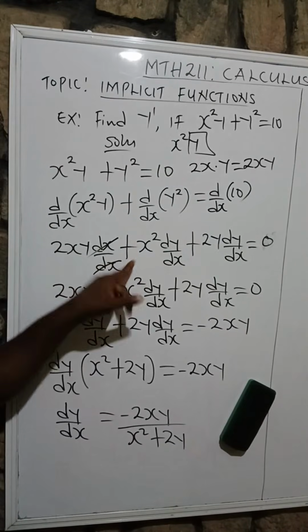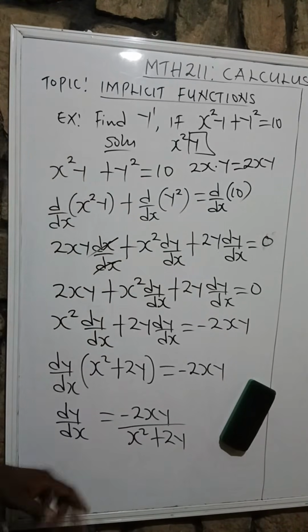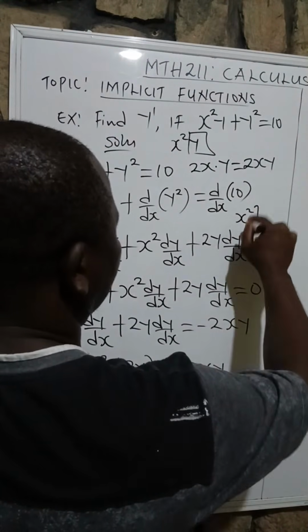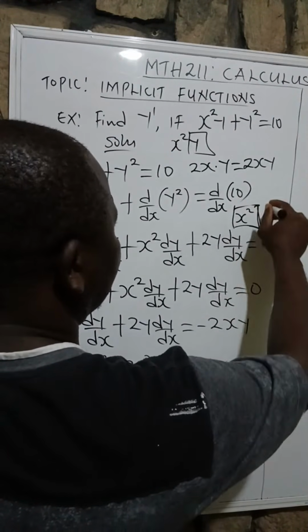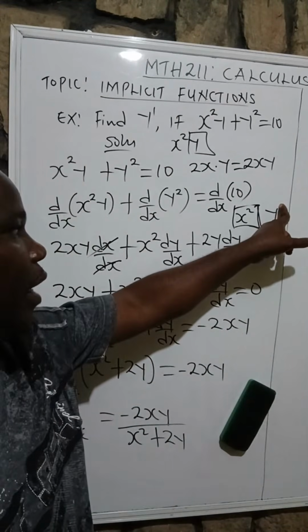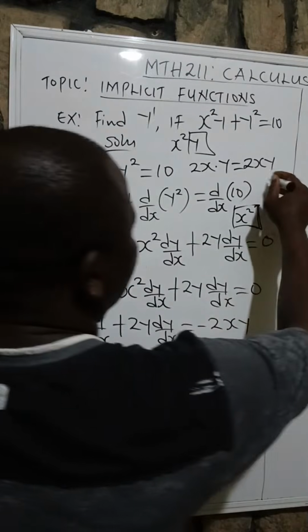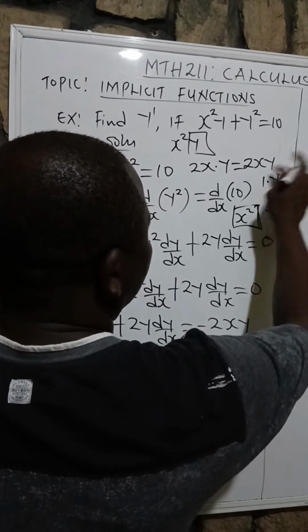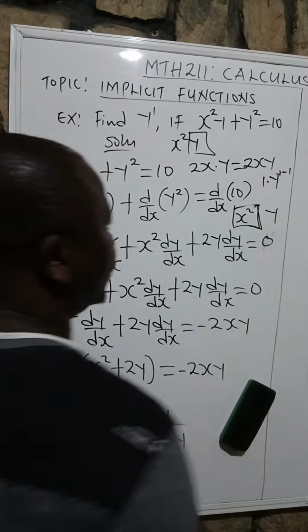Then plus, you now hold x squared constant, then differentiate y. All of you know that if you differentiate y, it will be 1 times y raised to the power of 1 minus 1, true or false?